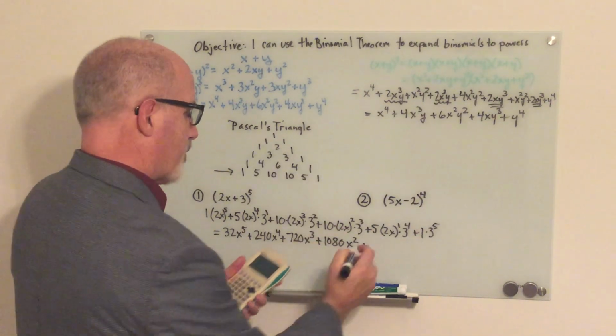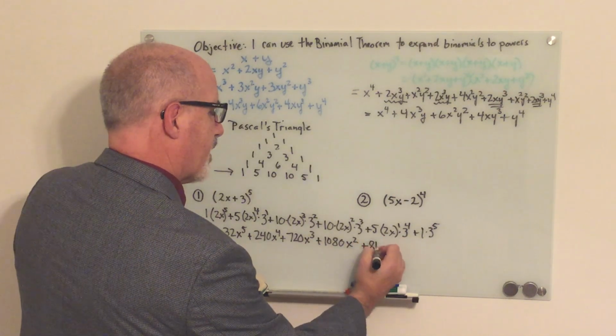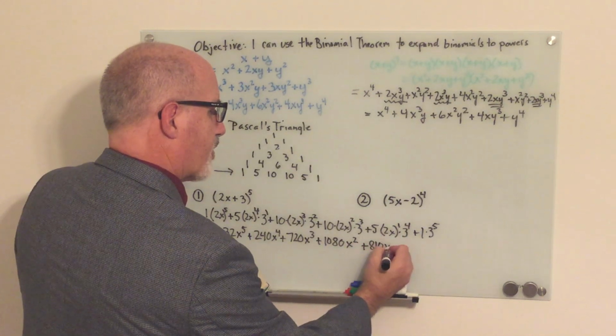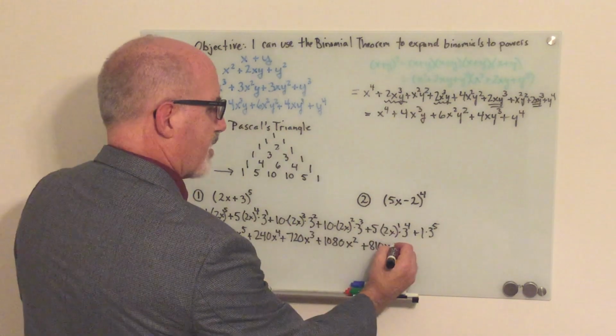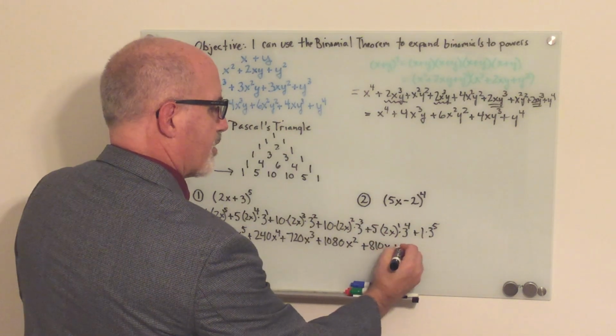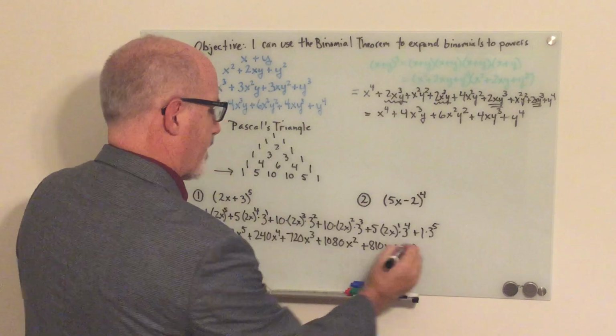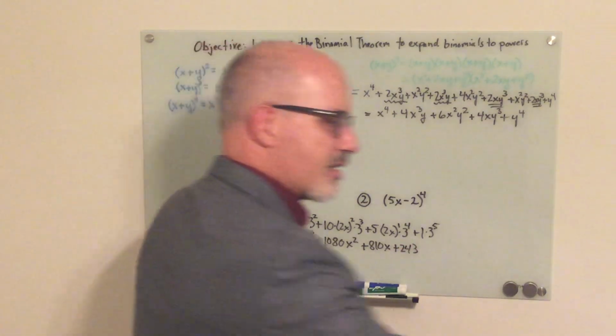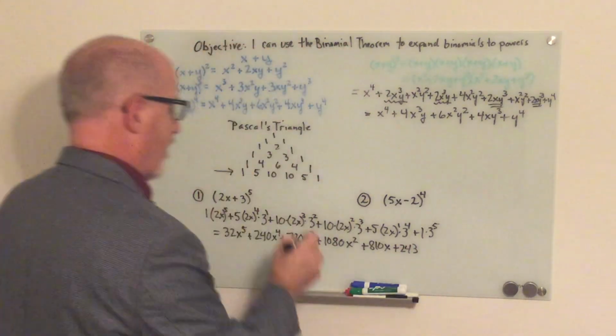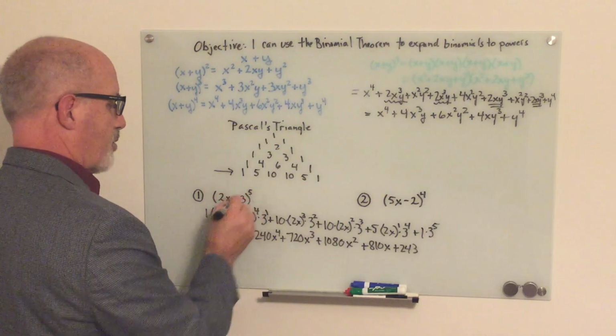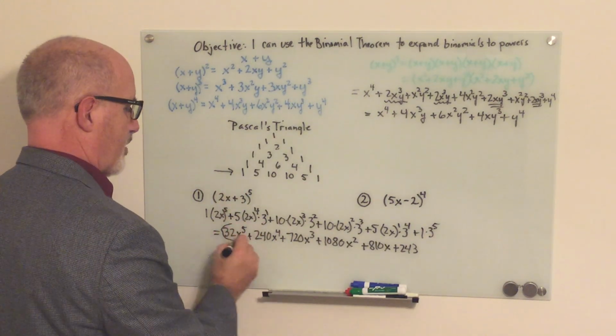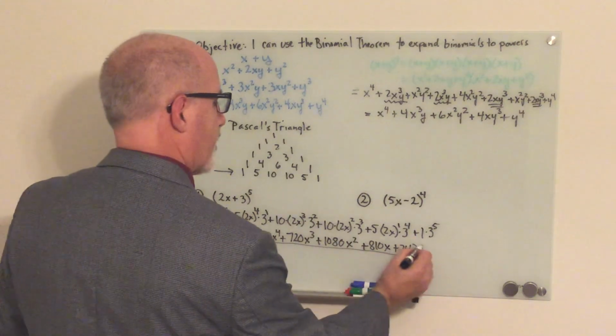So get all those numbers multiplied. That's 810. X to the 1st. And then lastly, 3 to the 5th is equal to 243. So that's my expansion of 2x plus 3 to the 5th power. Gives me this value.